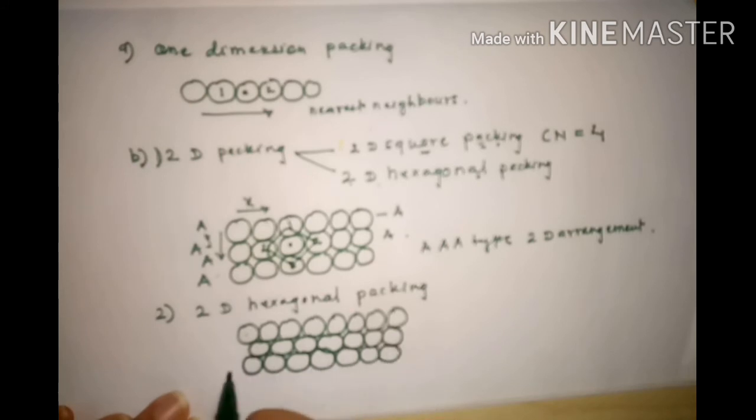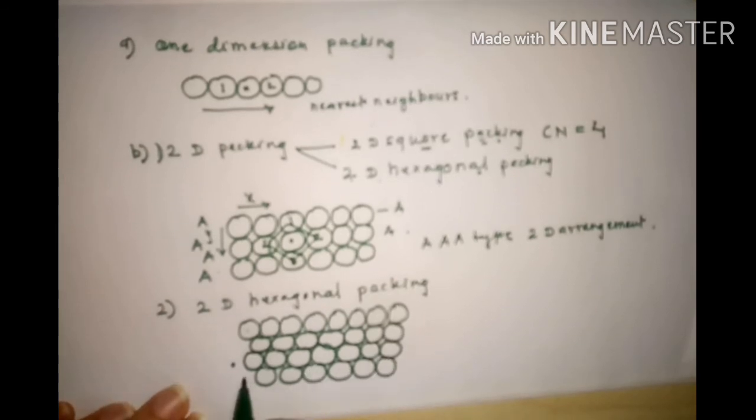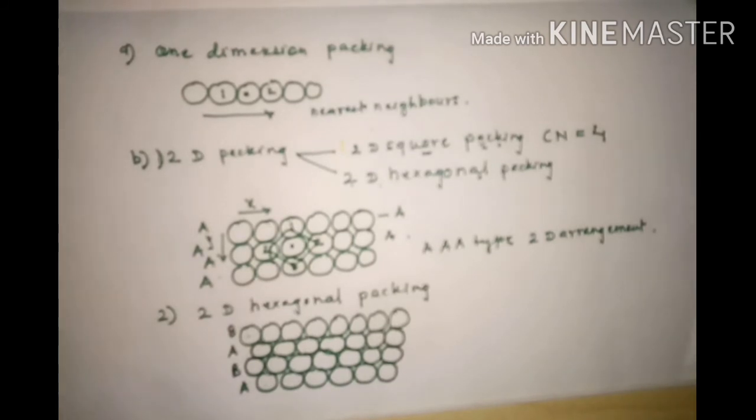Now if you label this as A, one more row you can add, which will coincide with the second row. If you label the first as A, you can label this B. This A is again aligning with the A, and this is aligning with the B. So this type of pattern is called an AB type of pattern.